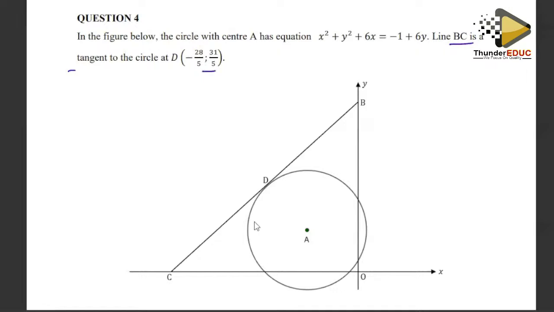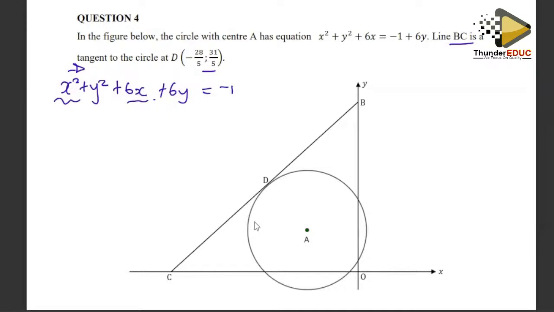So in this case, we need to complete the squares. So it's going to be x squared plus y squared plus 6x. Let's bring everything that side, plus 6y is equal to -1. So when you look at the x's, it's just x squared and 6x.